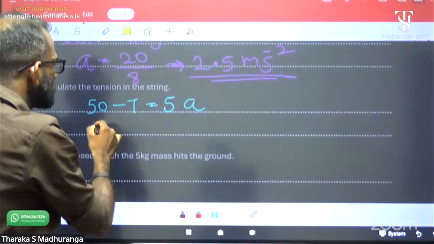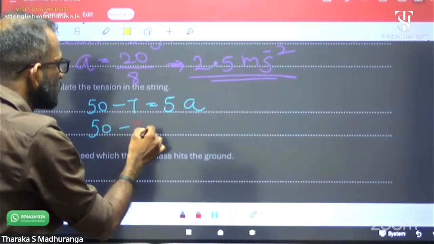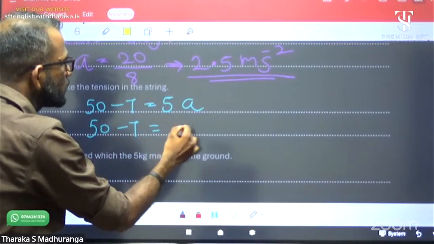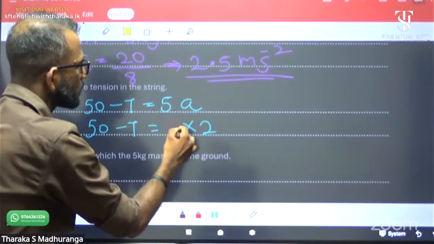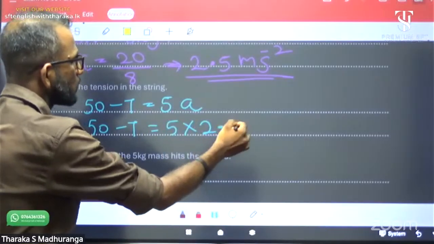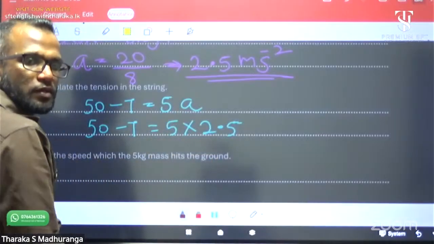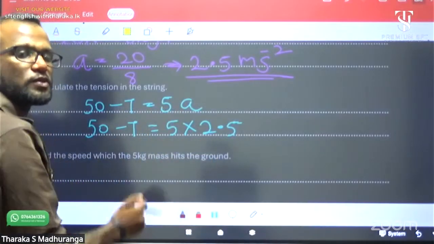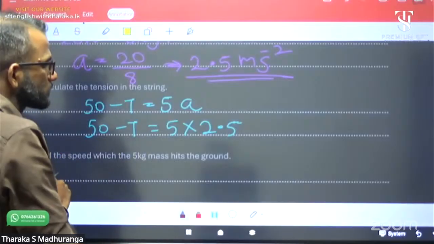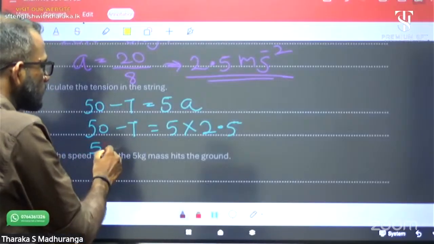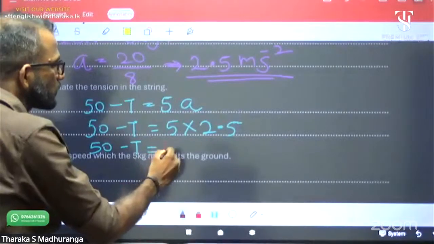Then 50 minus T equals 5a, which is 5 into 2.5, because the acceleration is 2.5. 5 into 2.5 is 12.5. So 50 minus T equals 12.5.